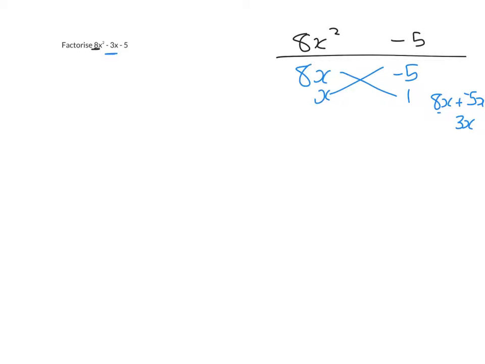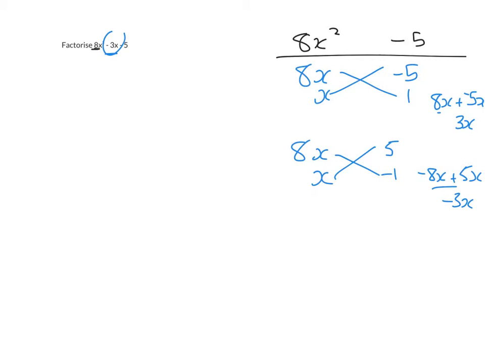So I'm going to try swapping the negative sign around. So try again, 8x and x, and we'll try it with positive 5 and negative 1. So if we go 8x times by negative 1, it'll be negative 8x plus 5 times x is 5x, and those two there equal negative 3x, which is our middle term that we're looking for.